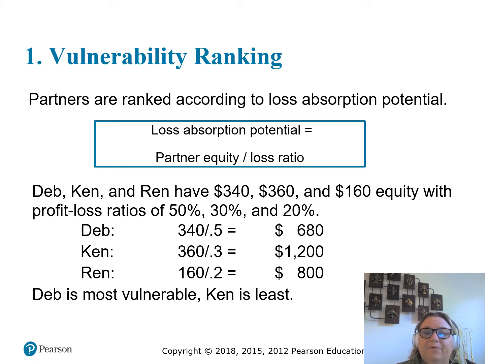But when you go into the P&L ratio, what you find out is Ren is actually less vulnerable than Deb. Deb is the most vulnerable, Ken, of course, being the least. And you can see the amounts are very close, 360, 340. But when you add in that P&L ratio, it changes the vulnerability spectrum. So sometimes it can even feel a little backwards.